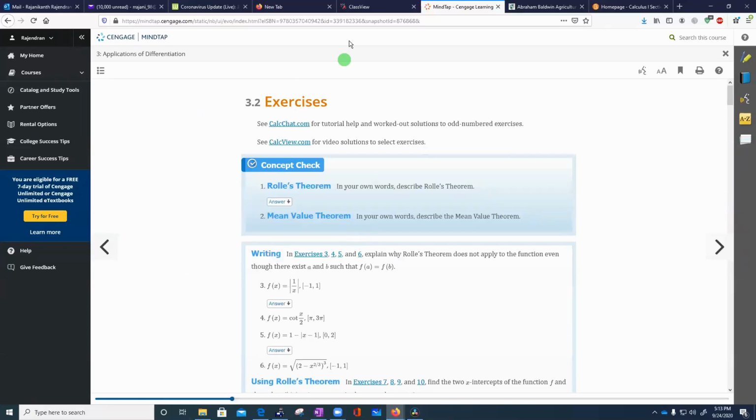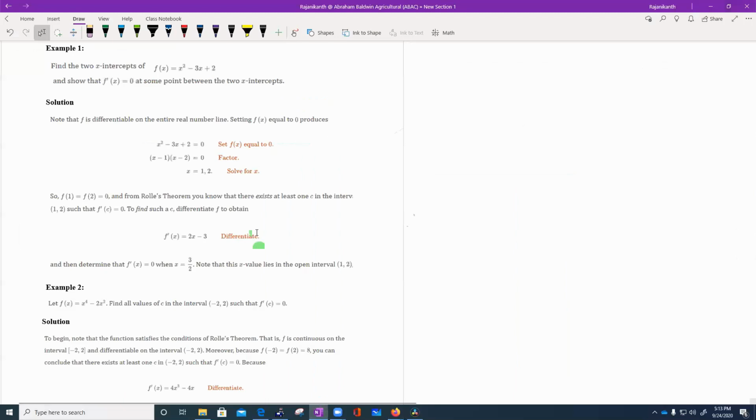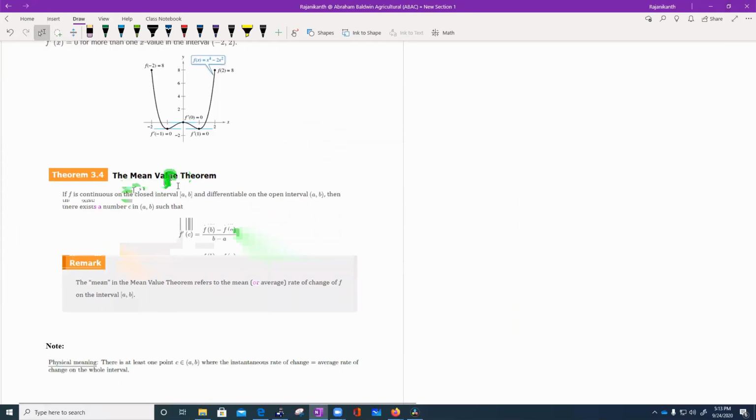Oh, one more thing. I need to explain one more thing before going to the problem: the second theorem, the mean value theorem. It says if f is continuous on a closed interval and differentiable on the open interval, like the Rolle's theorem conditions, then you can always find one point inside the interval such that the slope at that point equals the slope of the secant line.